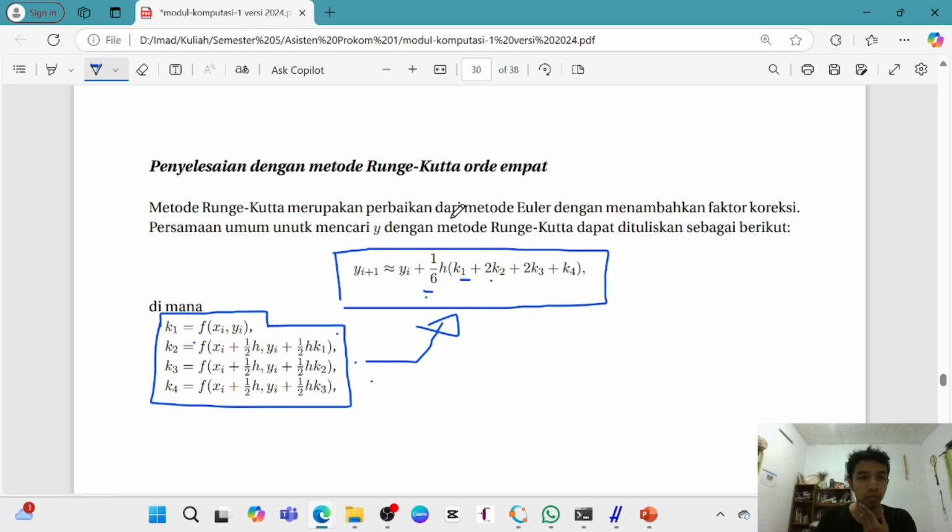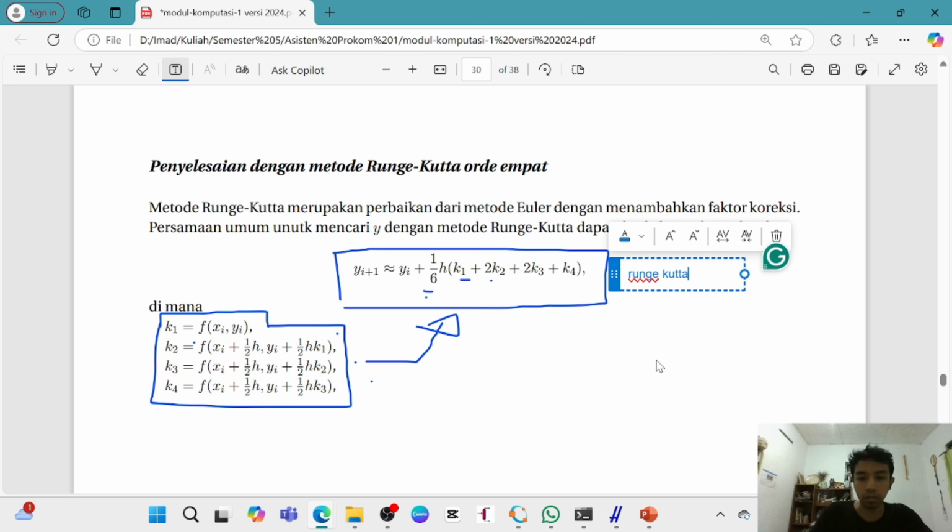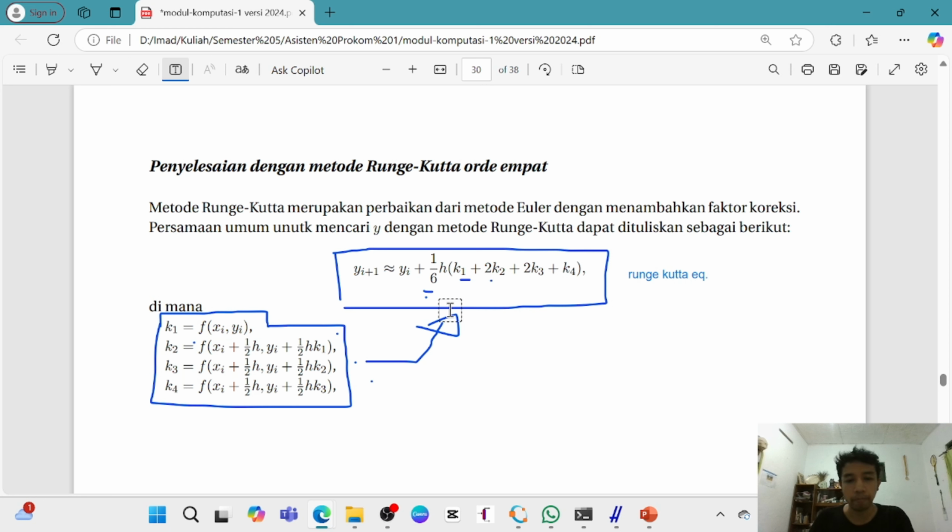This is the Runge-Kutta equation. Then in this K1, K2, K3, K4, we substitute with this Q1, Q2, Q3, Q4.